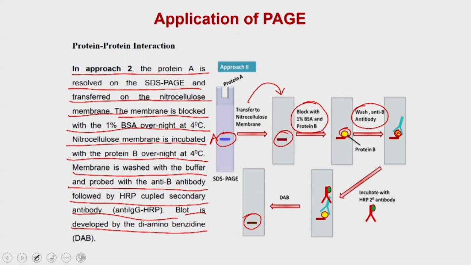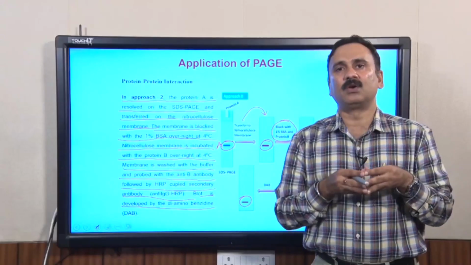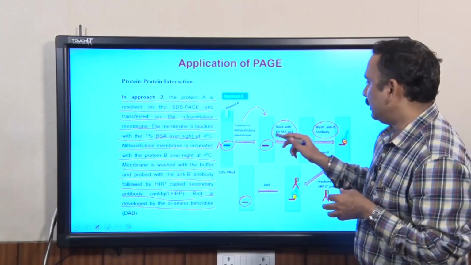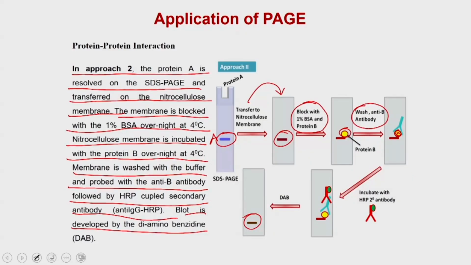In this particular approach, the precaution you have to take is to run a control gel where the transferred A is also probed with anti-B, so that you ensure the antibodies you are using for detecting protein B are not cross-reacting with protein A, because in those cases you will get the signal irrespective of whether protein B is interacting with A or not.